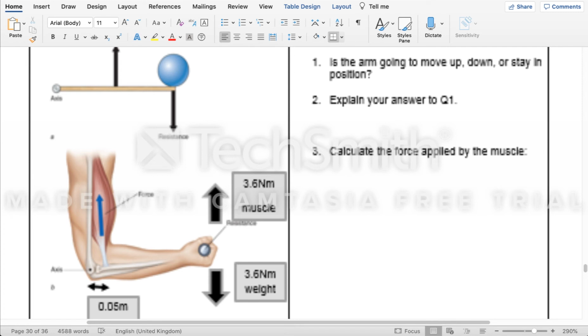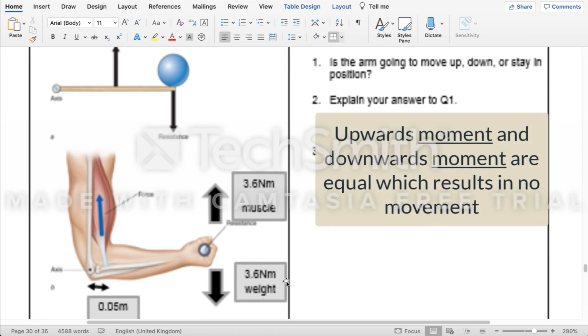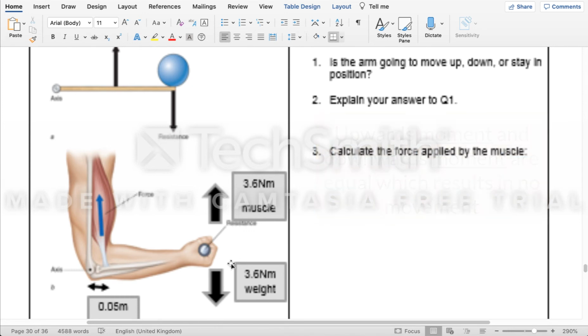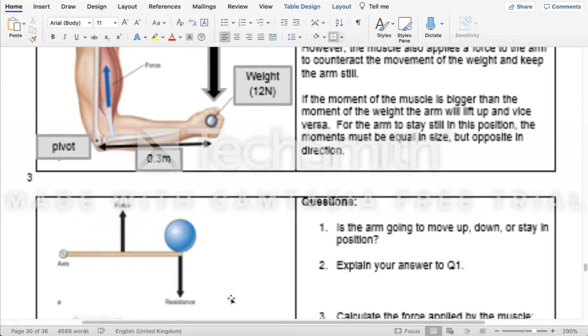Now, the reason it stays in the same position is because the upward force by the muscle is the same as the downward force. Actually, sorry, I apologize. The upwards moment and the downwards moment are the same. As we saw, for the arm to stay still in this position, the moments must be equal in size but in opposite directions.